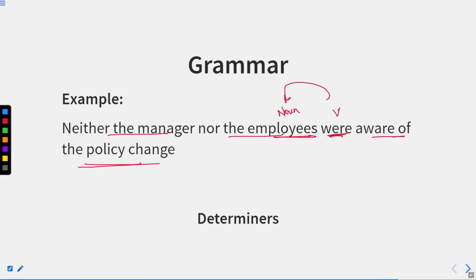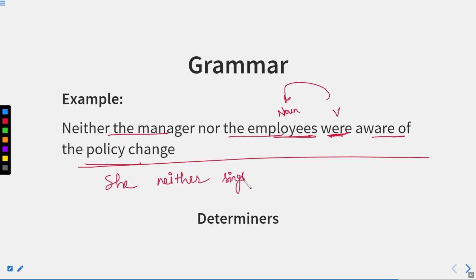Now here, let us see this: she neither sings nor dances well. Suppose this is the sentence.